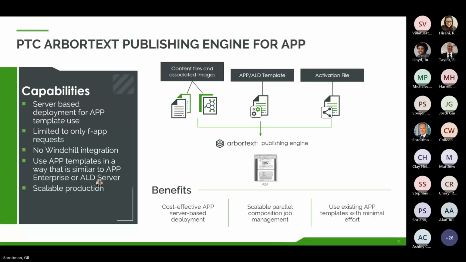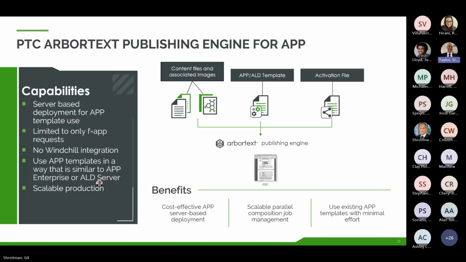So one of the things that we've had a lot of requests for from the ALD users is the ability to have a dedicated version of Publishing Engine specifically for those guys. So if you are publishing simply using the f=app request type, which allows you to specify what we call an activation file as your XML part of the request, then you can now use this specific version of Publishing Engine rather than the full-blown Publishing Engine.